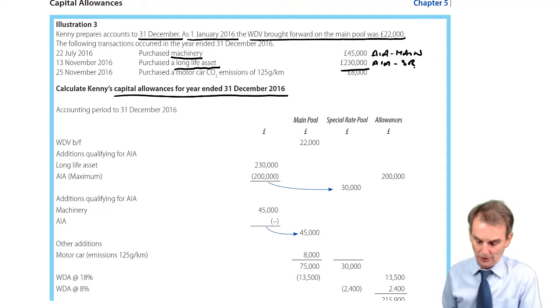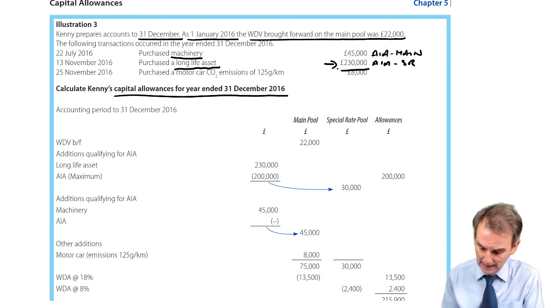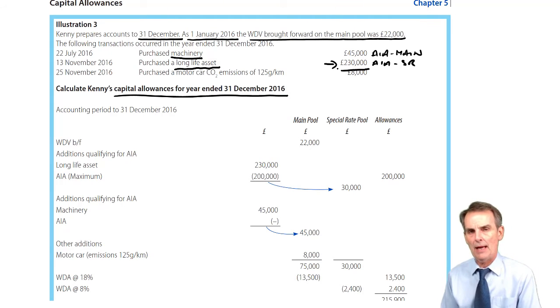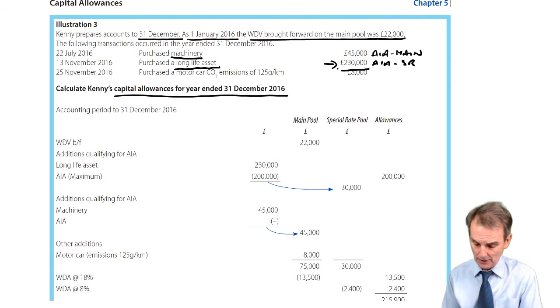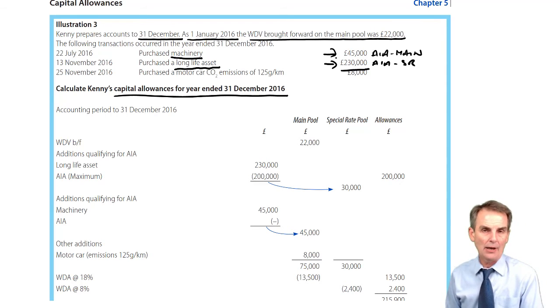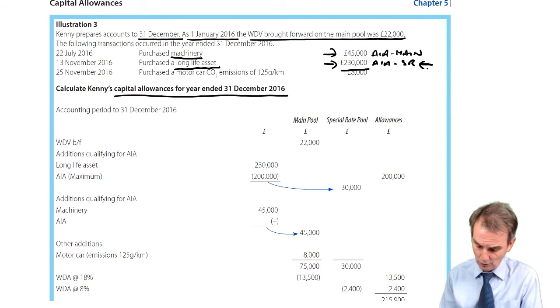What you also now see is at 230,000, it by itself is bigger than the £200,000 AIA limit, let alone the fact that you've then got some AIA main pool expenditure. What do we know? We will allocate the AIA firstly to that special rate pool expenditure. More of that a little later.